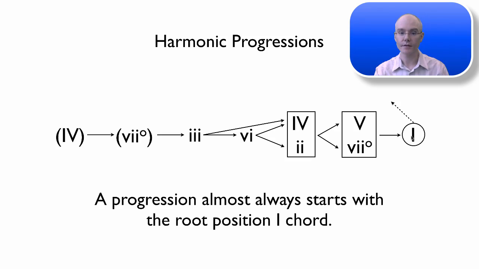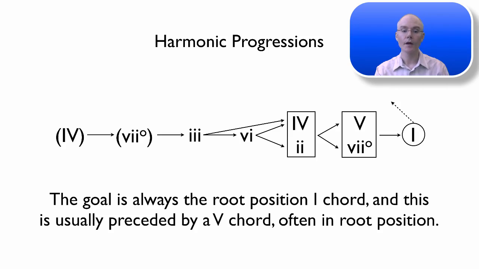The first is this. Any harmonic progression almost always starts with a root position 1 chord, and then it can go to any of these other chords. The goal is always the root position 1 chord, and this is usually preceded, as we see here, by a 5 chord, and that 5 chord is usually in root position as well.